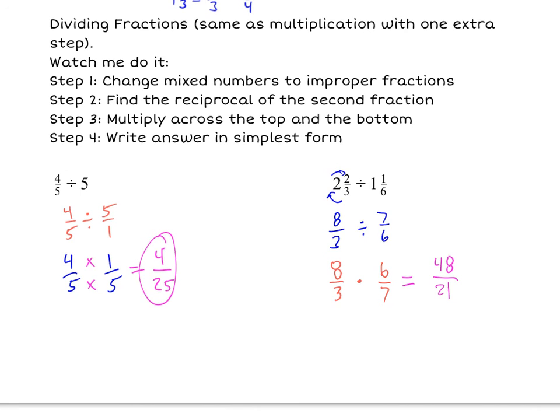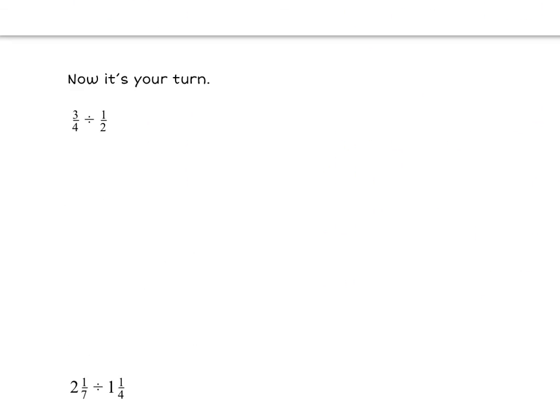If you want to figure out how to divide here, you can, or you could say 21 fits in here 2 times with 6 21sts left over. You can divide both those by 3. And I end up with 2 and 2 sevenths. So that is dividing fractions. 2 of them for you to try.